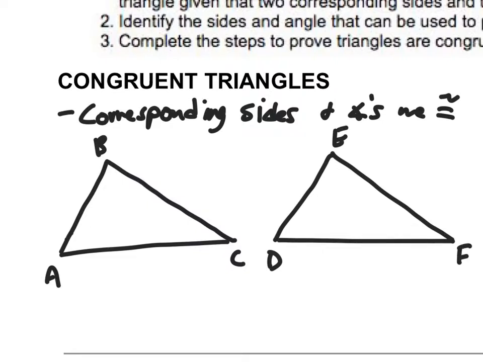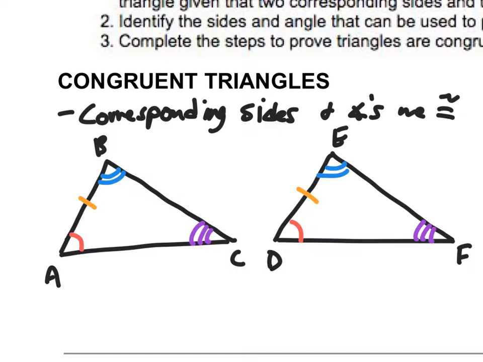Okay, now if these two triangles are congruent, then I would say that angle A is congruent to angle D. Okay, angle B is congruent to angle E, and angle C is congruent to angle F. Now the other thing I can say is that segment AB is congruent to segment DE.